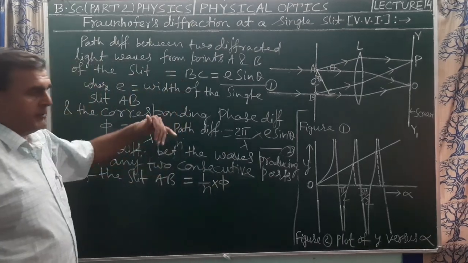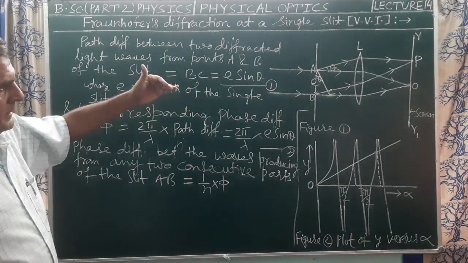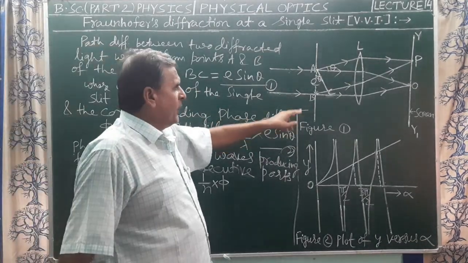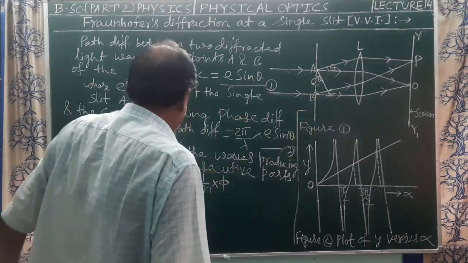Phi is the phase difference between the secondary wavelets produced from points A and B of the slit.